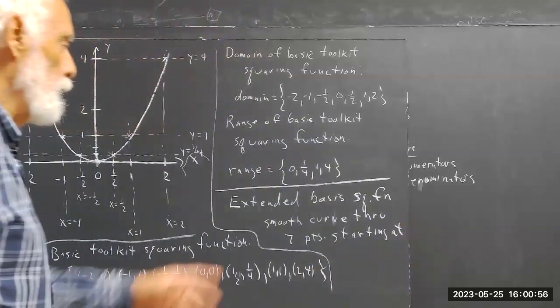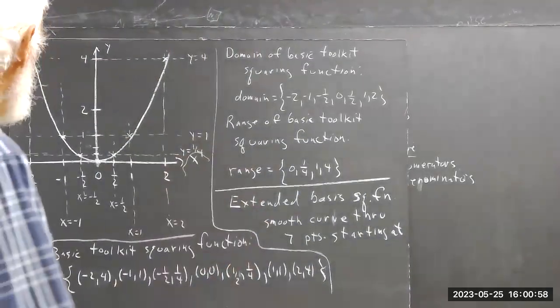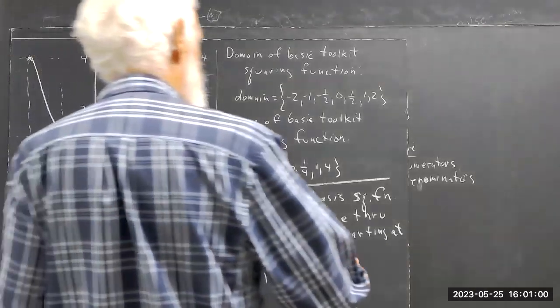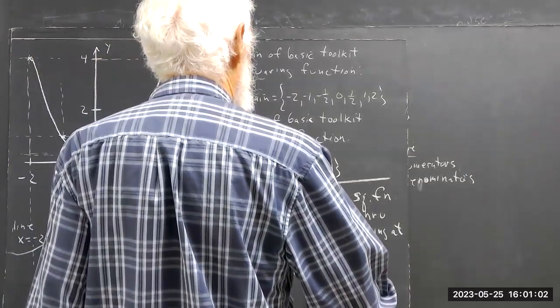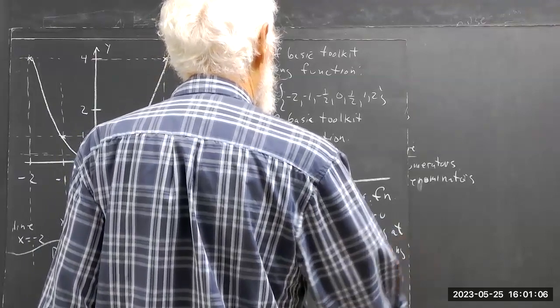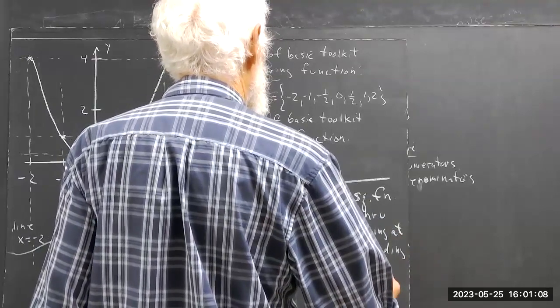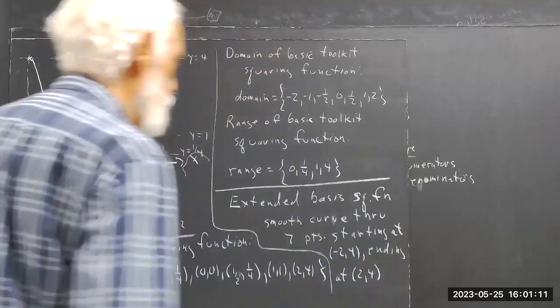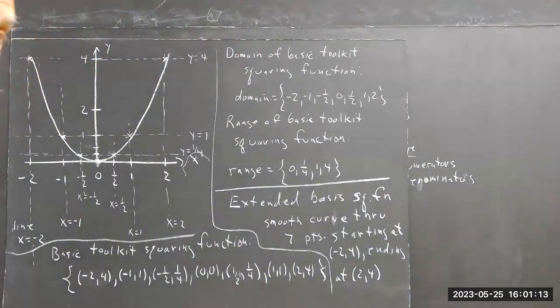Let's say it's a smooth curve through our 7 points, starting at -2, 4, and ending at the point 2, 4.